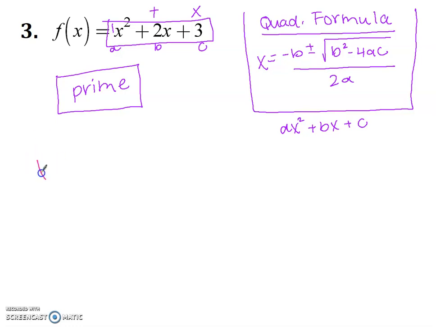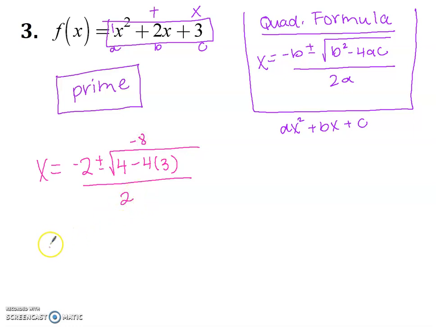Now for quadratic formula, we're going to have x equals the opposite of b, so that's negative 2, plus or minus the square root of b squared, so 2 squared is 4, minus 4 times a times c, so 1 times 3, that's 3, all over 2a. So 2a is just going to be 2. This is going to give me 12, so this will be 4 minus 12, which is negative 8.